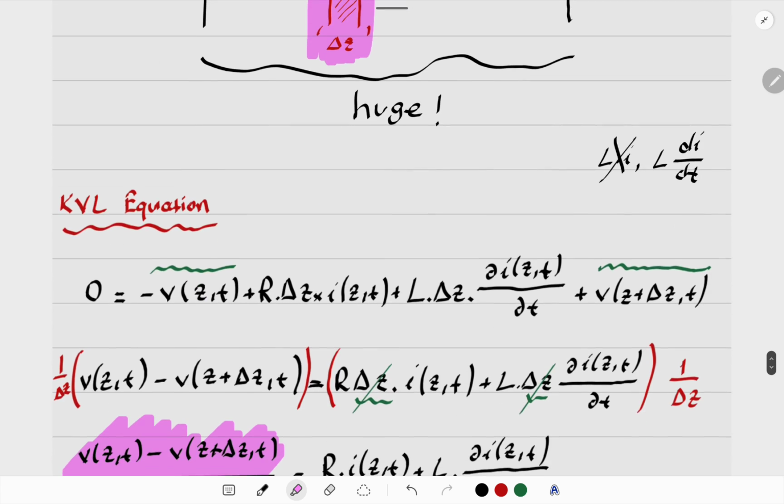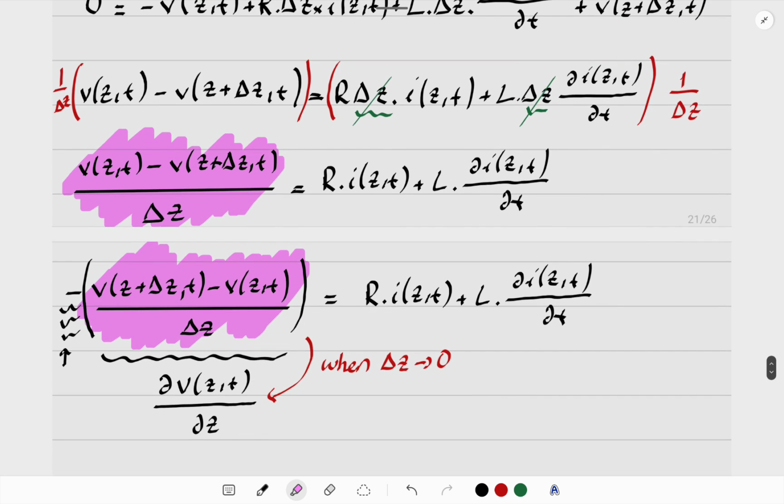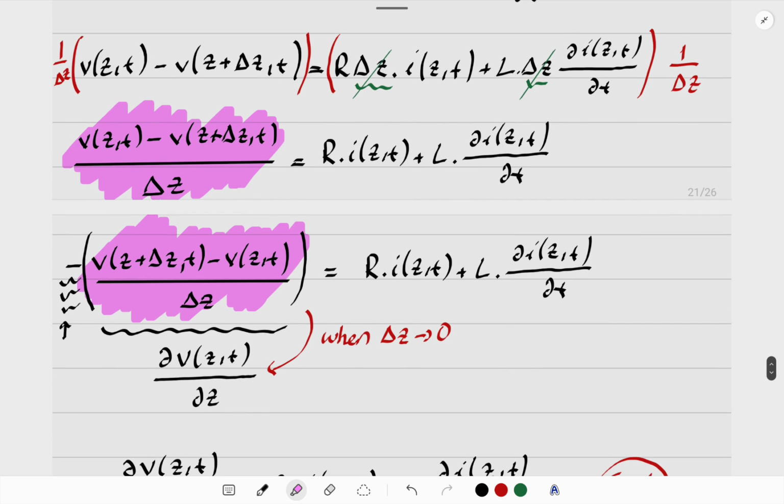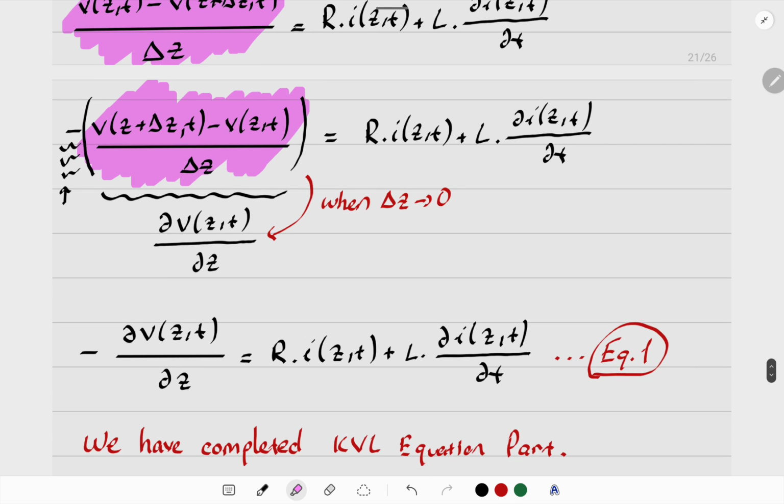And we derived our KVL equation, and we see that when delta z goes to 0, we see that del V(z,t) over del z equals R times I(z,t) plus L di(z,t)/dt for equation 1.